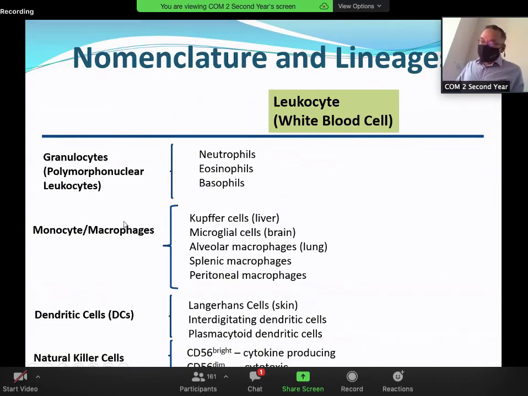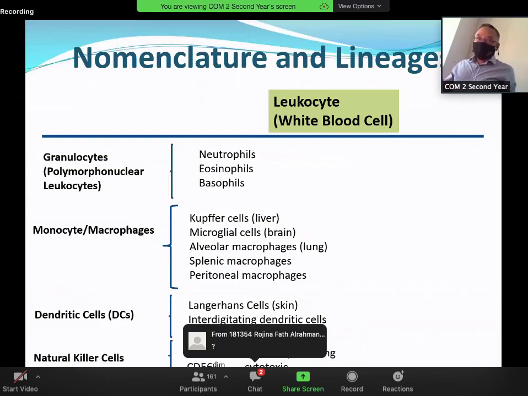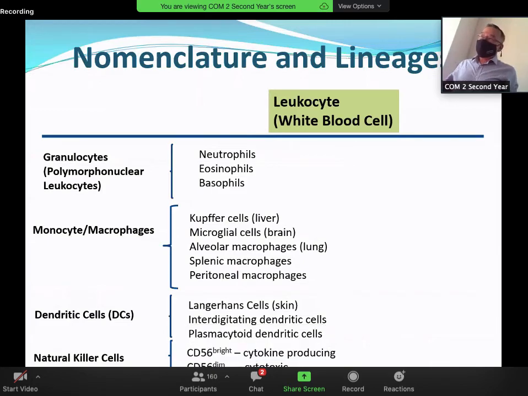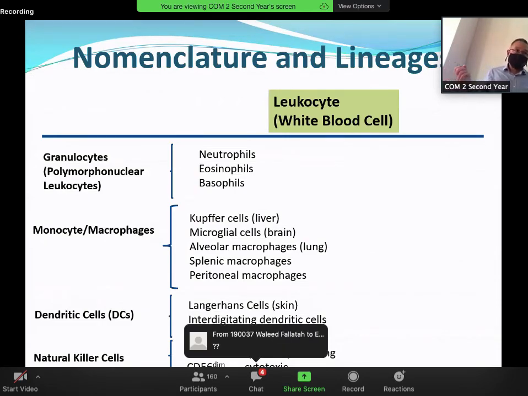Then the next big important set of cells are monocyte macrophages. These two terms refer to the same thing, except that monocytes are more immature macrophages, and so you find them circulating in the blood.